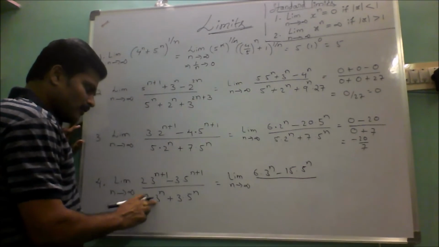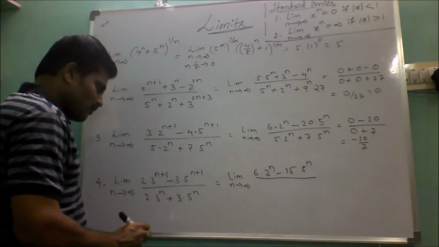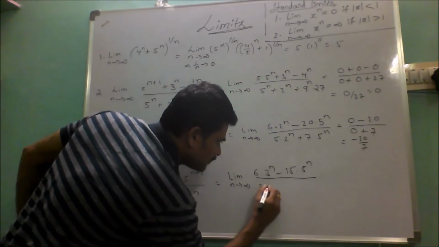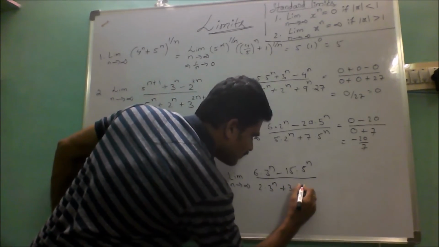In the denominator, 3 and 5 already contain powers of n, so it is written the same: 3 power n plus 5 power n.